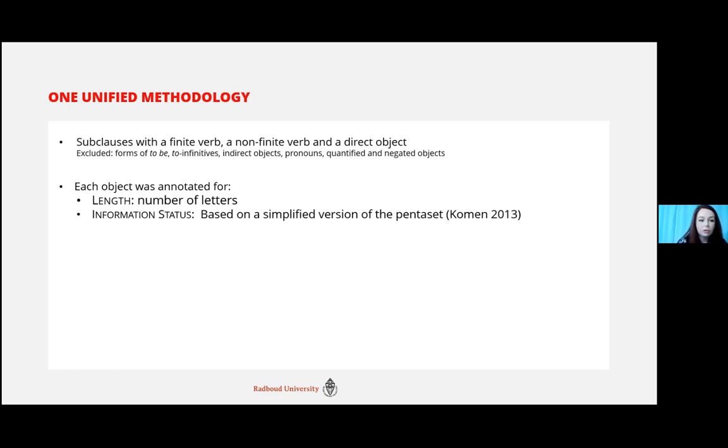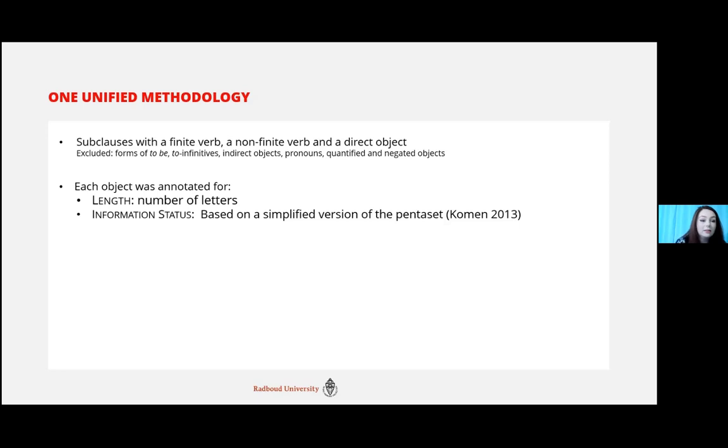This was a control variable, to control for the fact that longer objects are more likely to be placed in VO word order than shorter objects. I'm not going to talk about length too much, but that is a factor that keeps popping up even when you talk about information status in and of itself.